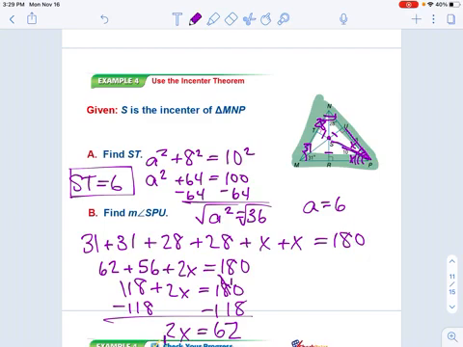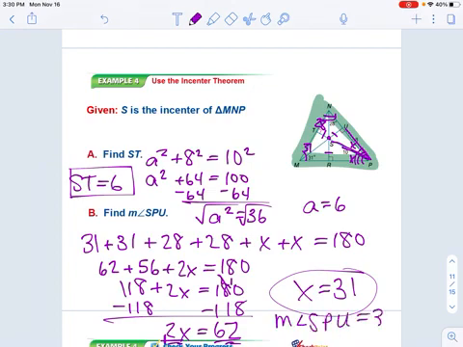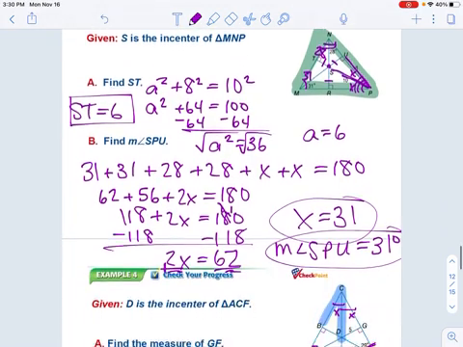To get 62, so then I go ahead and divide by 2, and x will equal 31. And then I know that the measure of SPU is equal to 31 degrees.